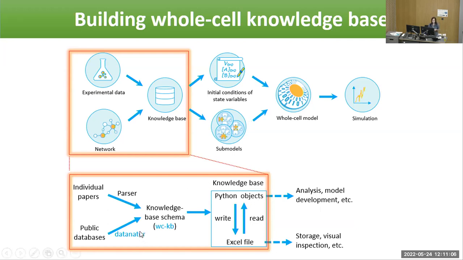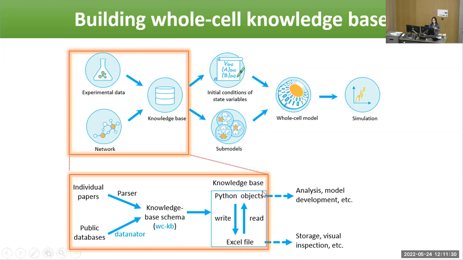We have developed an API called Datanator that allows us to query data from public databases that store information about cells. We have also developed a schema called WCKB, which is a knowledge-base schema. I'll provide more detail about this schema later. The result of this knowledge base comes in two formats.